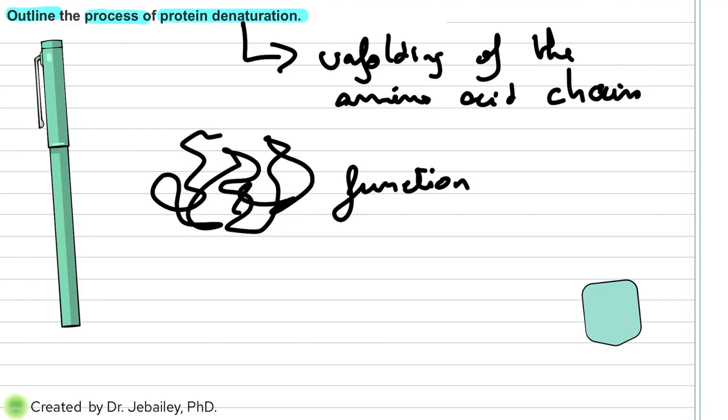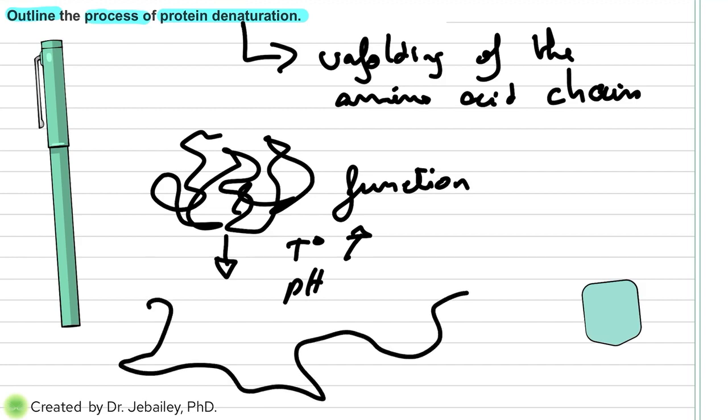But if it's exposed to a very high temperature, or a pH that is not its own pH, the folding will lose its structure, and if it loses its structure, it cannot function anymore. And that's what denature means. They lose their way of functioning just because of structure.